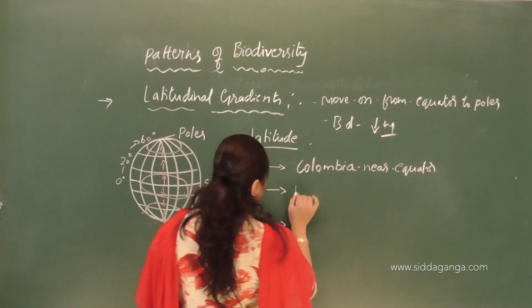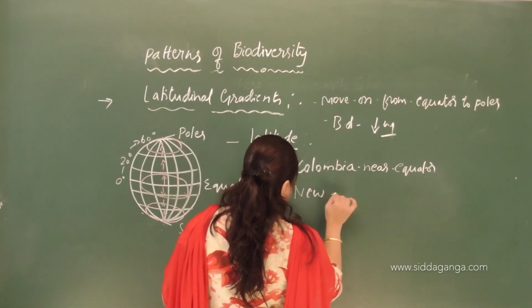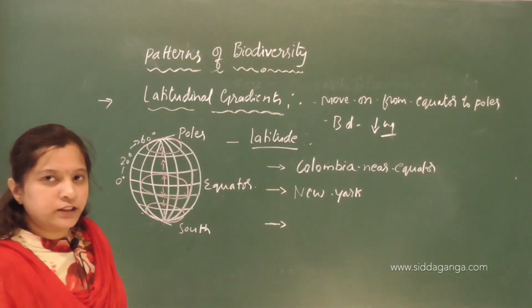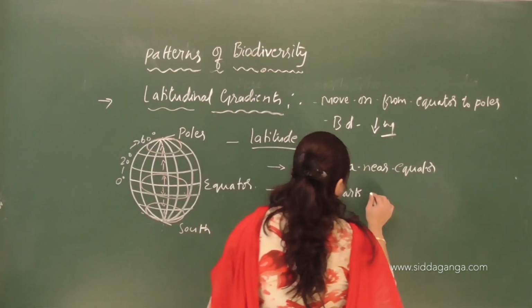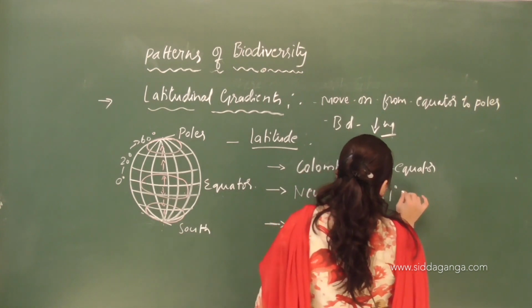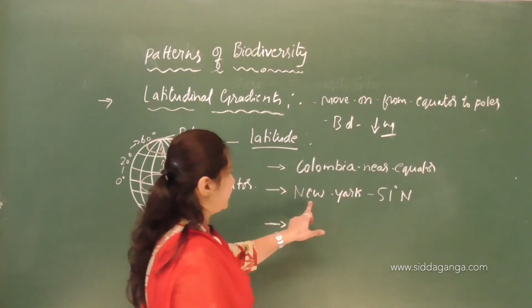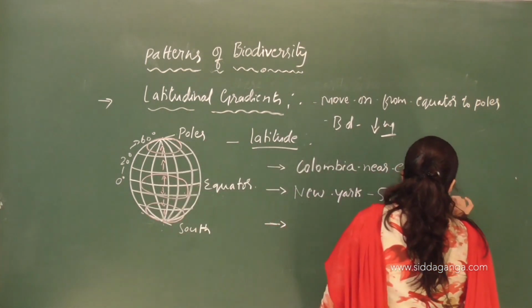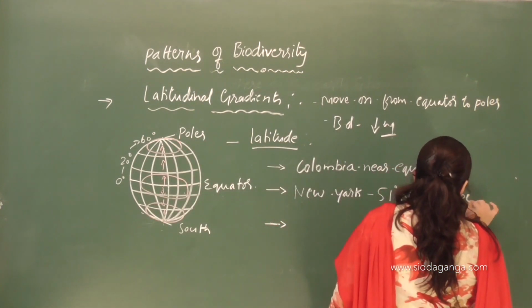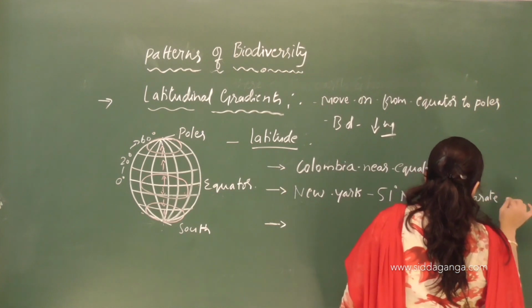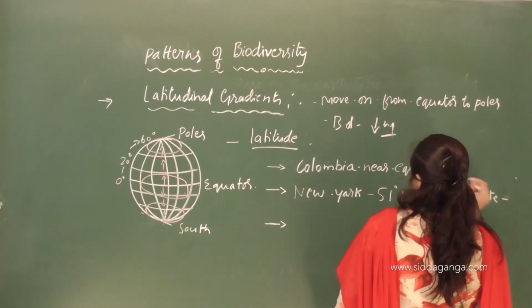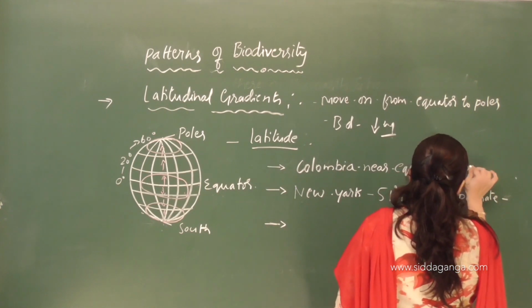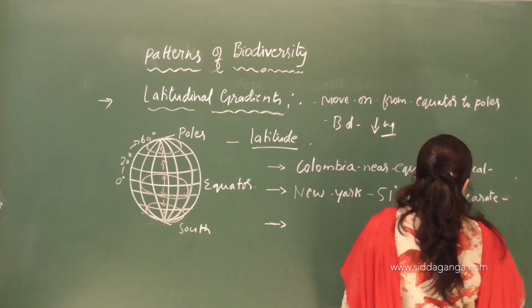And one more place, New York, is located 51 degree north and comes in the temperate zone. Colombia comes in the tropical region.